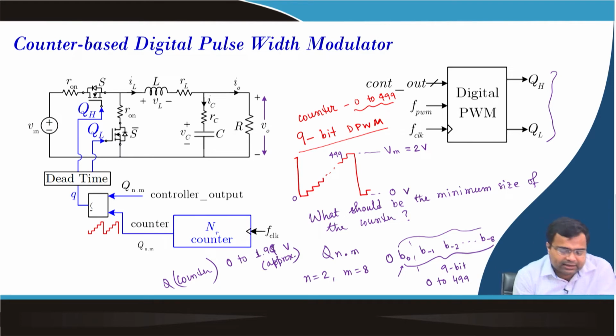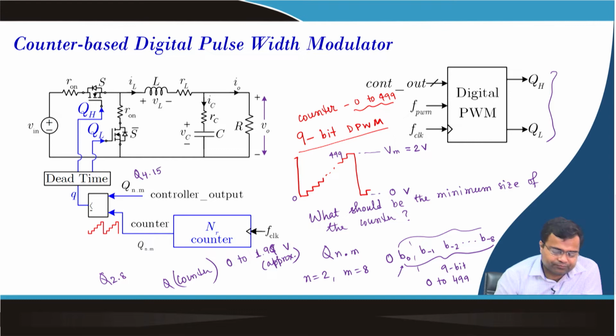So, for that our minimum bit size should be Q 2.8, but remember we need to match this bit size. Because we will be discussing the control output, this will be 4 bit, let us say it is Q 4.15. Then how do you match?